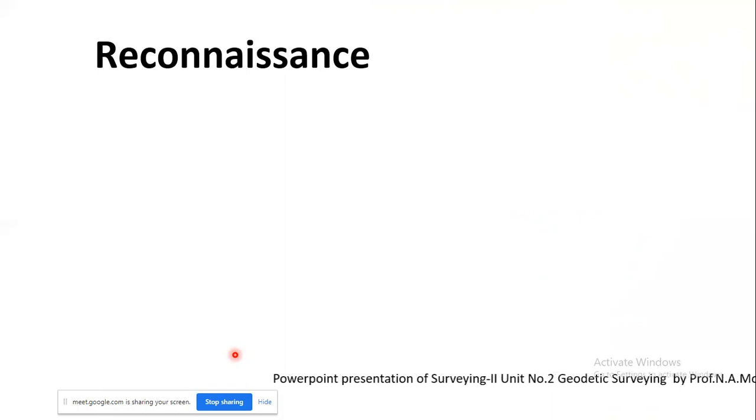Next is the reconnaissance survey. What do you mean by the reconnaissance survey? The reconnaissance survey is also known as the preliminary survey, which is required to be carried out. Suppose an area is to be surveyed by you. Directly you cannot go with modern equipment and start measuring the area.